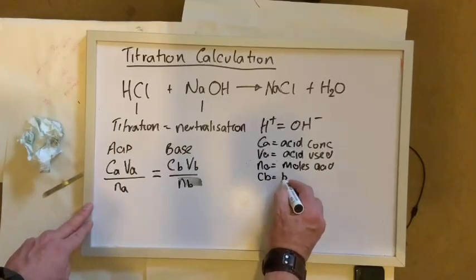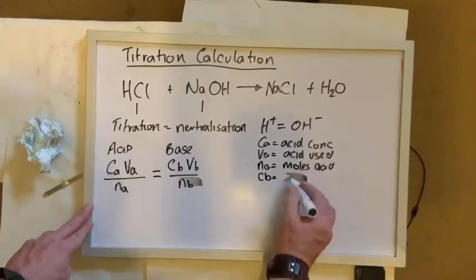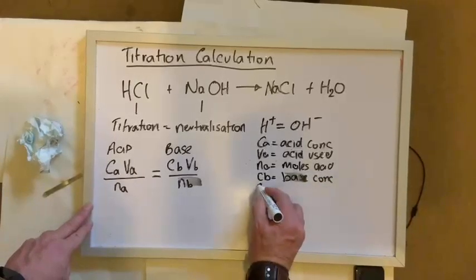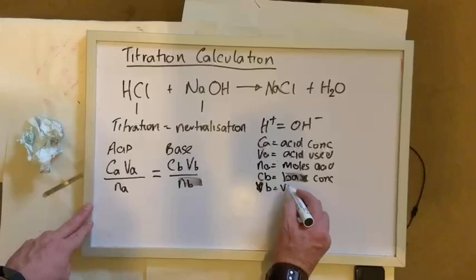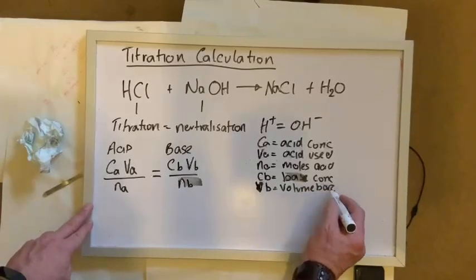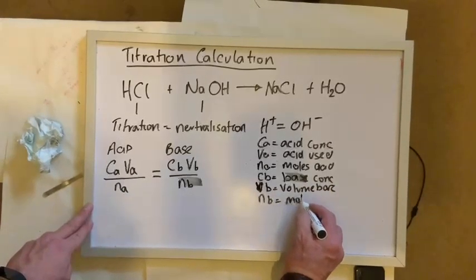Cb equals base concentration, Vb equals volume base, and Nb equals moles base.